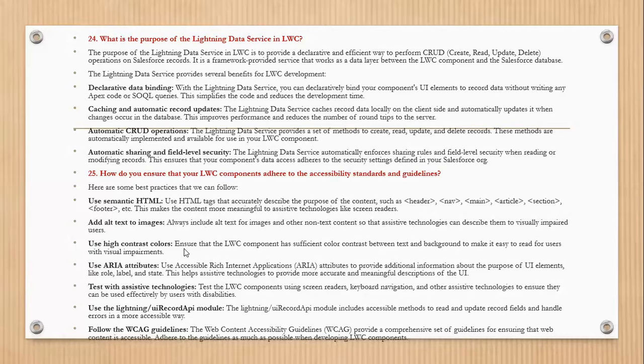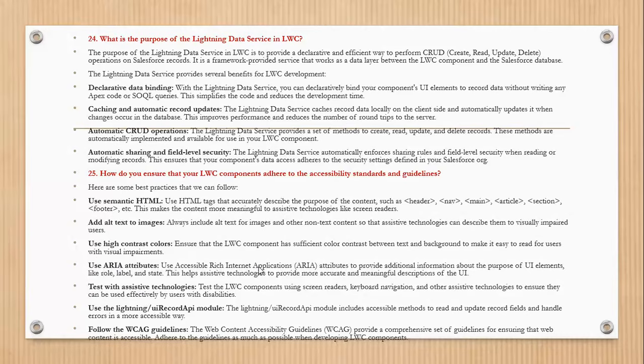Use high contrast colors. Ensure that LWC components have sufficient color contrast between the text and the background to make it easy to read for users with visual impairment. Next, use ARIA attributes.